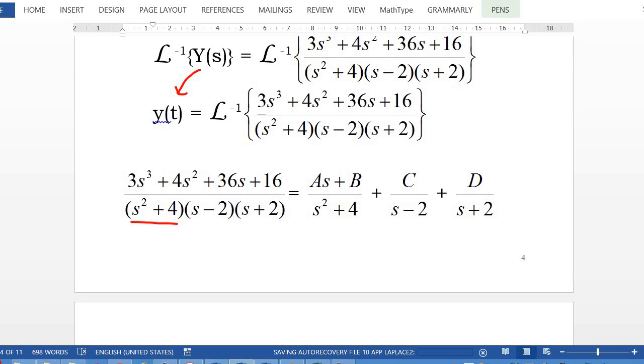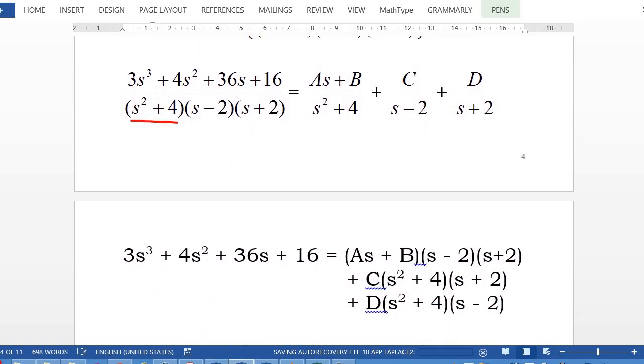By cross multiplication and comparing the numerator, you have 3s cubed plus 4s squared plus 36s plus 16 on the left side equal to, as in our previous lecture on partial fractions: for the quadratic term, As plus B, we already have the s squared plus 4.